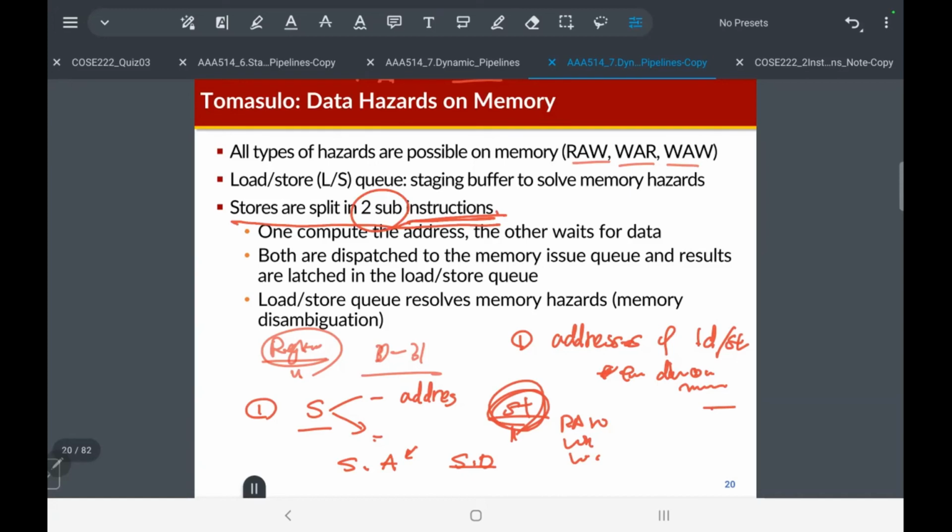Also, as I mentioned, there are two queues, the load queue and the store queue. These two queues track the order of load and store instructions. We need to track this order for handling data hazards on memory.